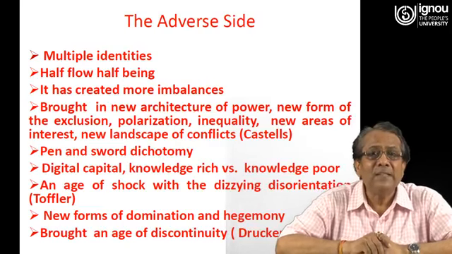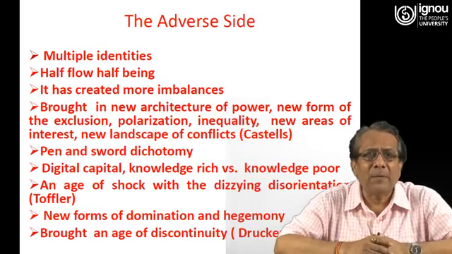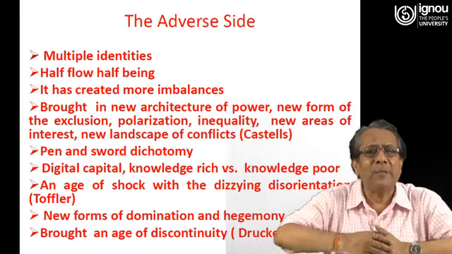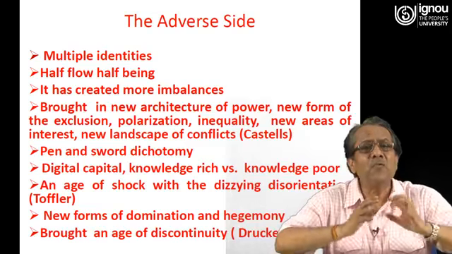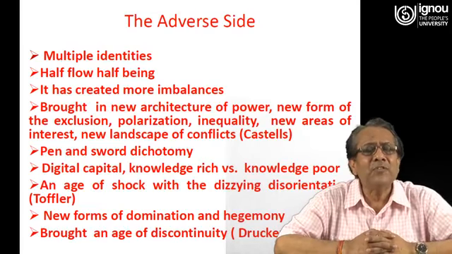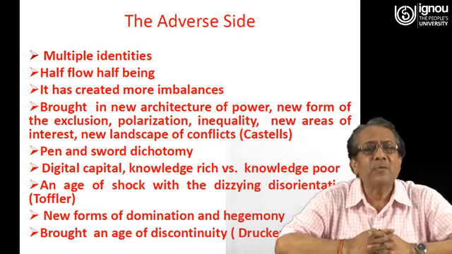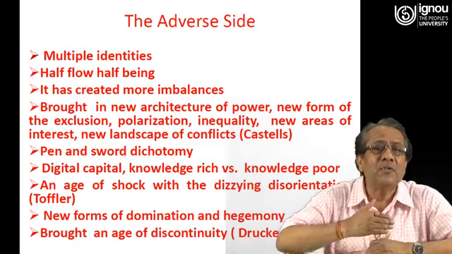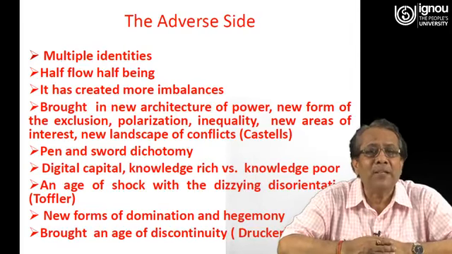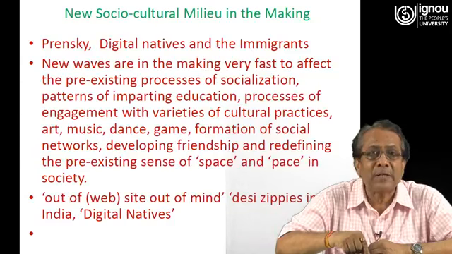What we find also, as Toffler widely talked about, is that it has brought a new kind of shock and disorientation in the society, and a new kind of discontinuity with the past: discontinuity with family values, community values, and the earlier kind of morality. A new kind of social framework has come in.